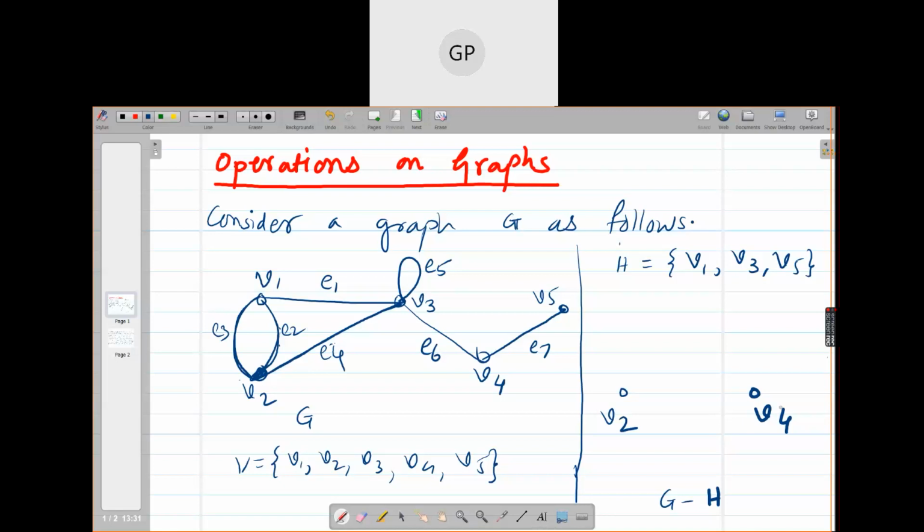So you will have only isolated vertices, right? And V2, V4 are not adjacent in the original graph, so we cannot make them adjacent. We cannot draw any edge. So this is G minus H.